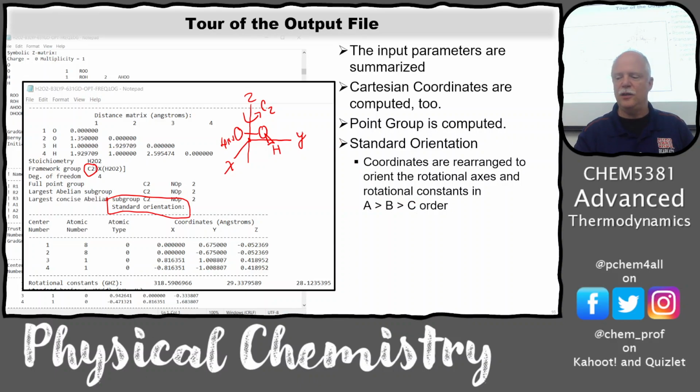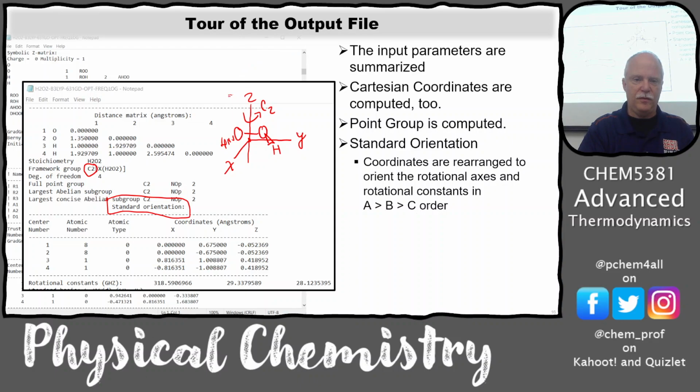Okay. So what's the smallest rotational constant? Rotational constant is inversely proportional to moment of inertia. So if you have big masses spinning around the nucleus, that's a big moment of inertia. That means that's a small rotational constant. Okay, so the smaller rotational constants in this order are B and C.